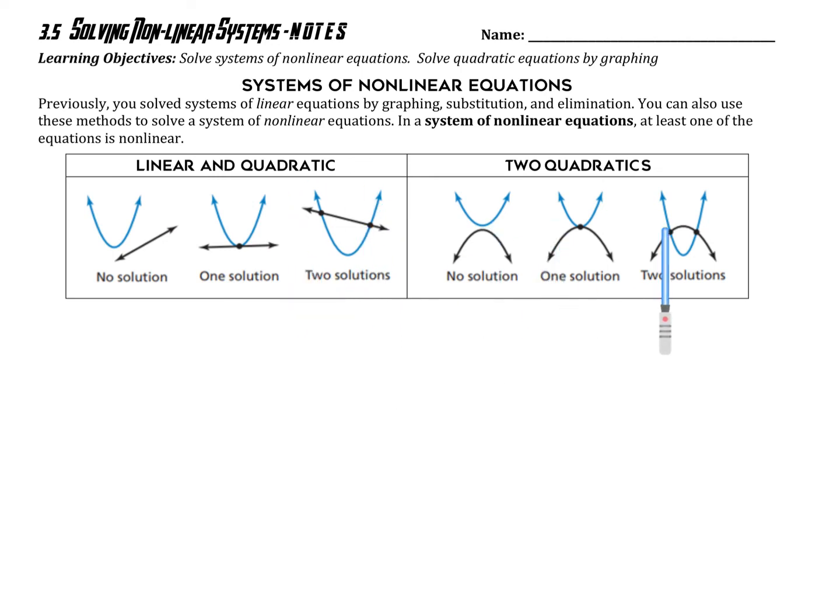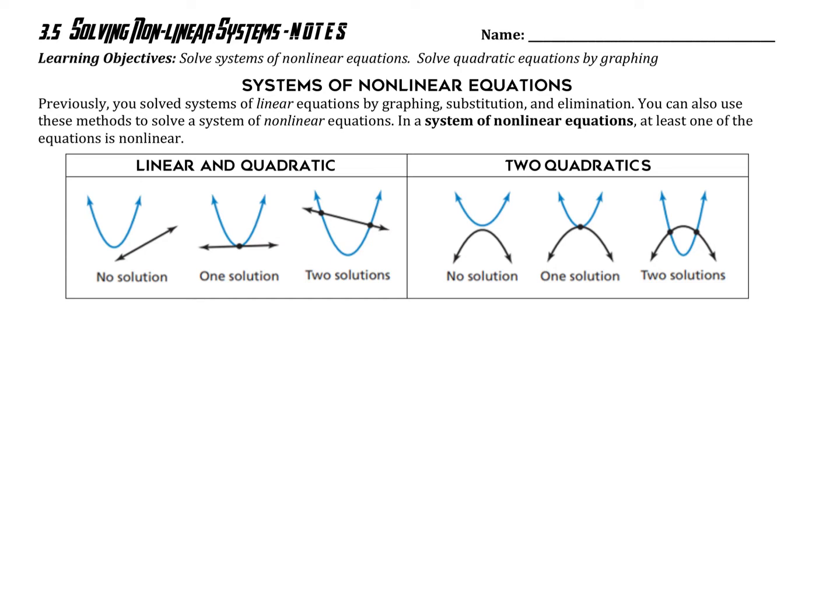Similarly, if we had two quadratics, they could never cross, cross once, or cross exactly twice. So the idea of comparing two functions, one of which is not a line, is what a nonlinear system of equations is. And since we've talked about systems before, we can apply the same strategies when we are solving them.